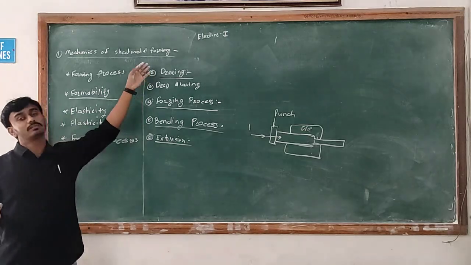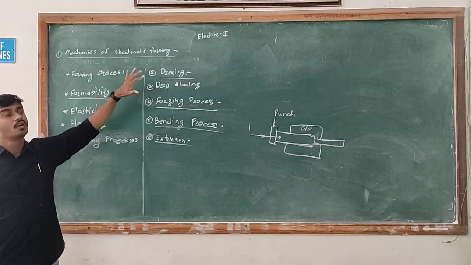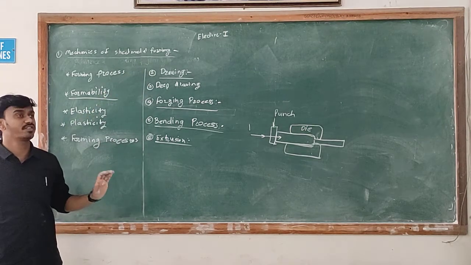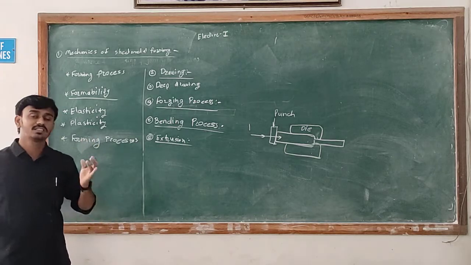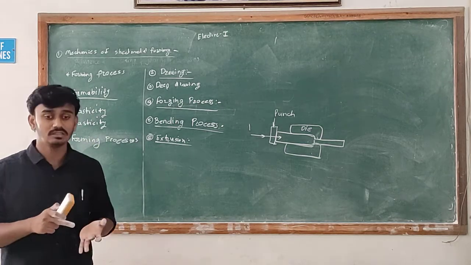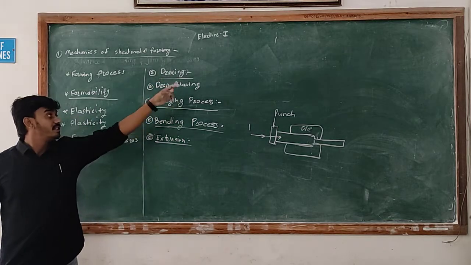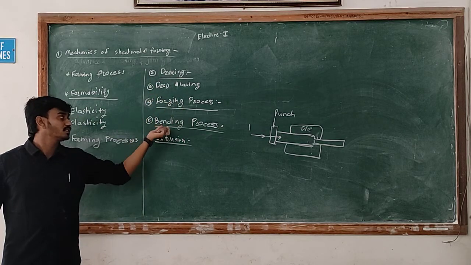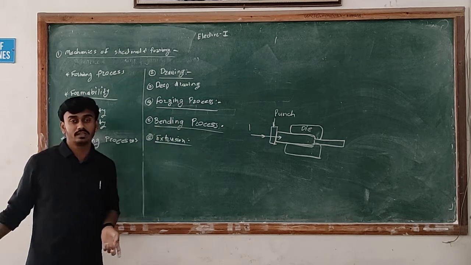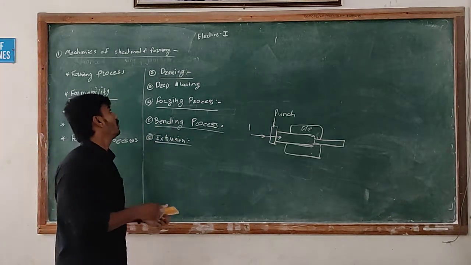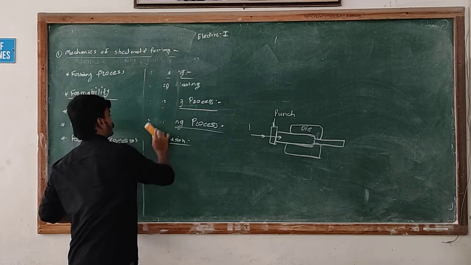So these are some conventional forming processes. The first one is rolling, the second one is drawing, the third one is deep drawing, the fourth one is the forging process, the next one is the bending process, the sixth one is the extrusion process. These are some forming processes.